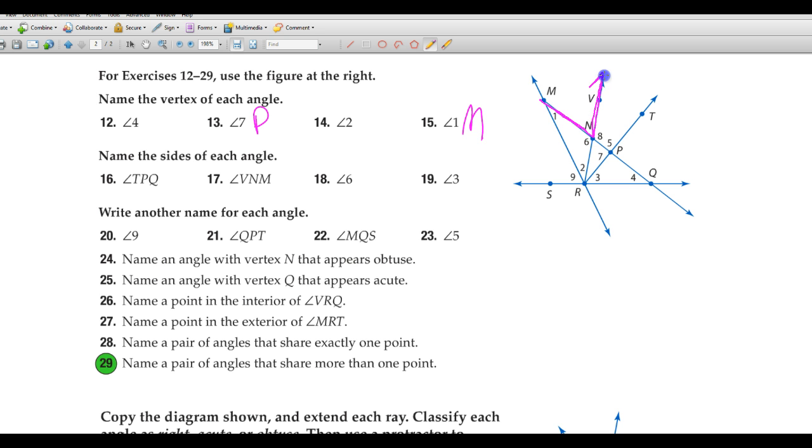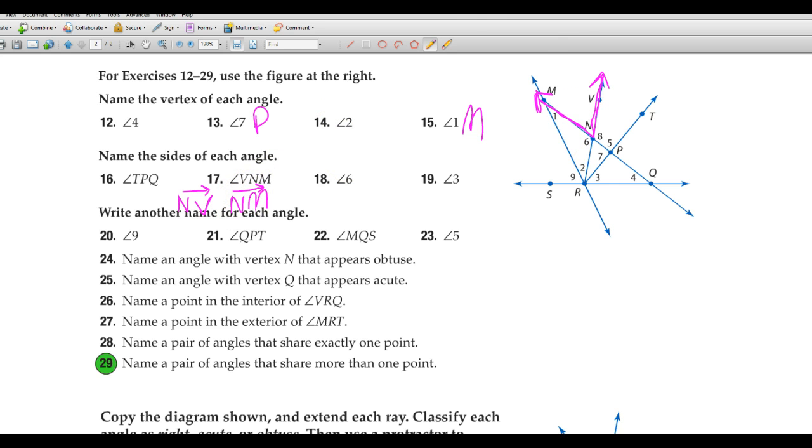So our two rays, or our two sides of the angle, they would both start at N. So one of them would be NV, and then the other one would go through M, so NM. And notice the arrow direction. So it's starting at the initial point. It's starting at the vertex here and here.